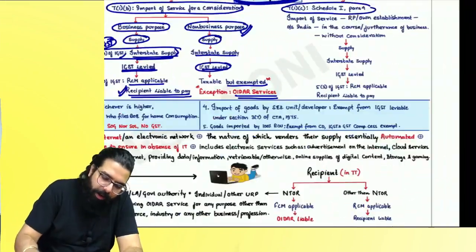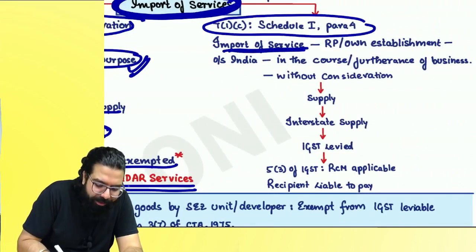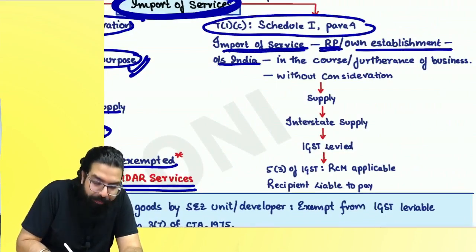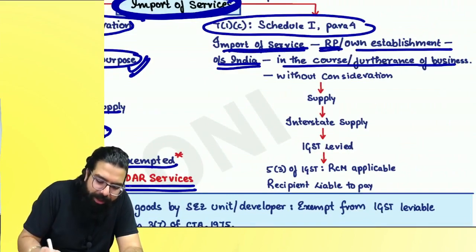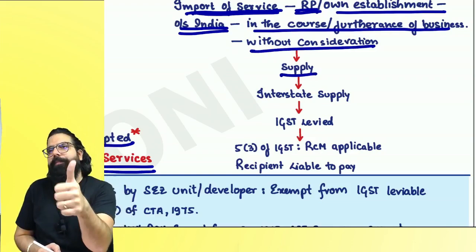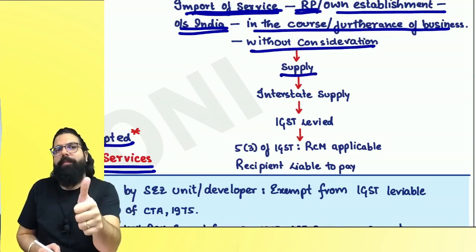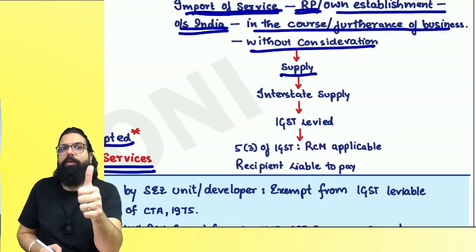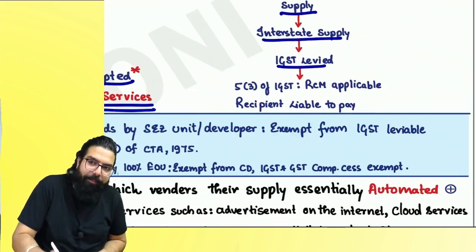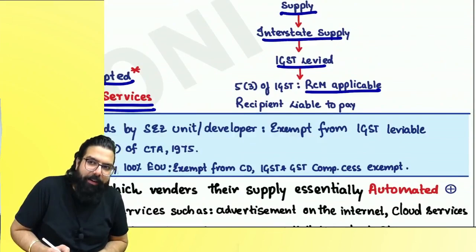Now, sir, importation of service from a related person or own establishment outside India in the course of business without consideration is also a supply. Do you guys agree with me? Section number 7(1)(c). I'm linking everything now. It will be interstate and IGST will come. You are required to pay GST under RCM.